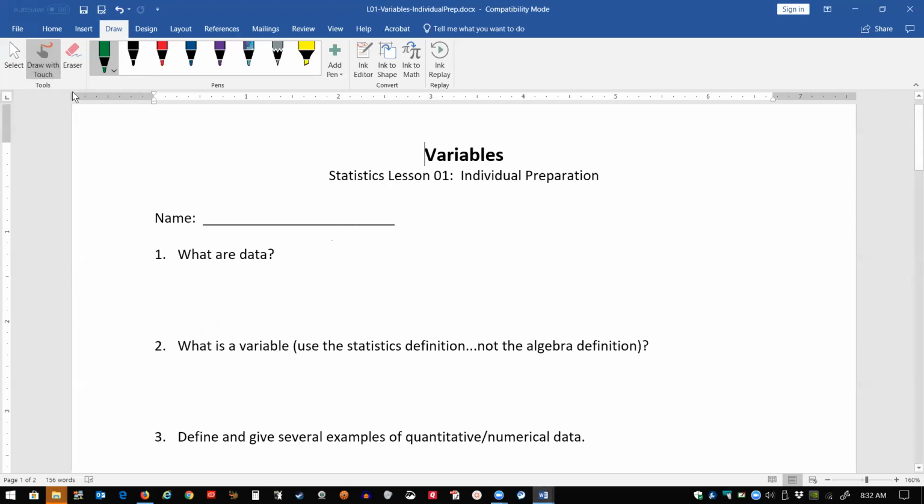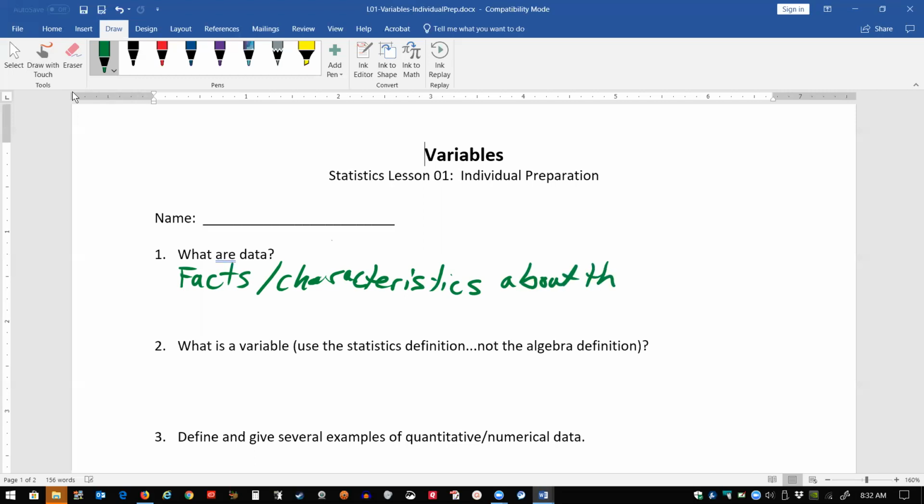So let's write this definition. So what did we say? We said data are facts or characteristics, if I can spell it, about the population that you're interested in studying.